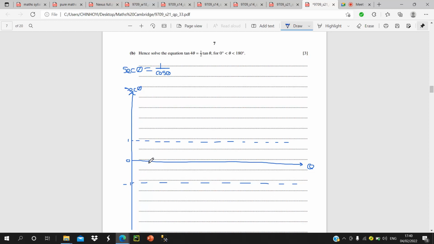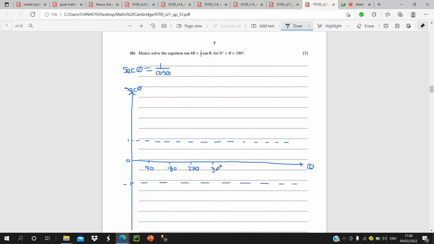Then I will take the ranges 90 degrees, 180, 270, 360.